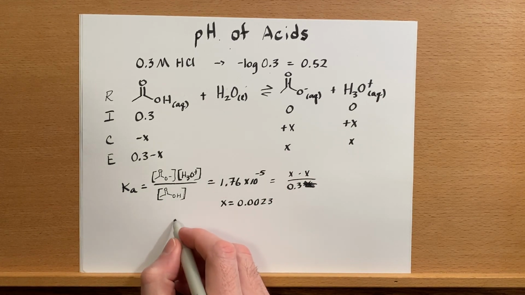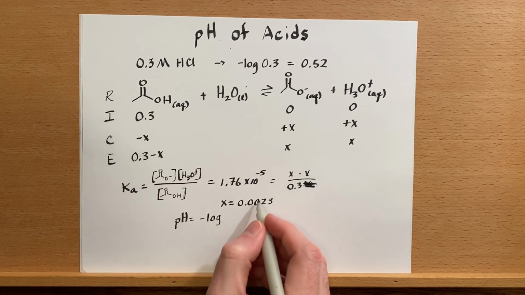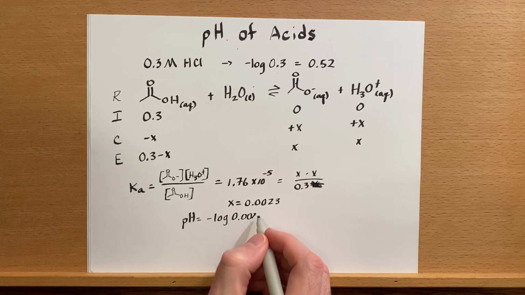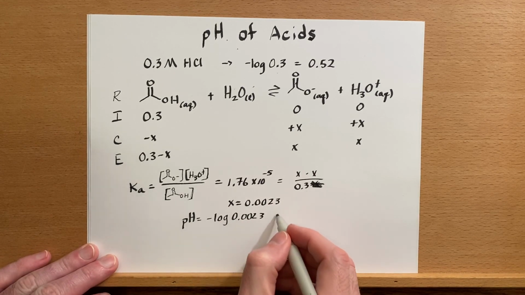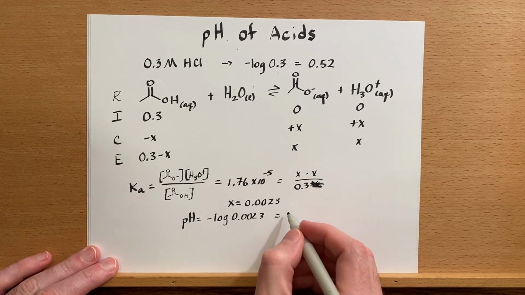So pH equals negative log of this number. Which will compute to 2.64.